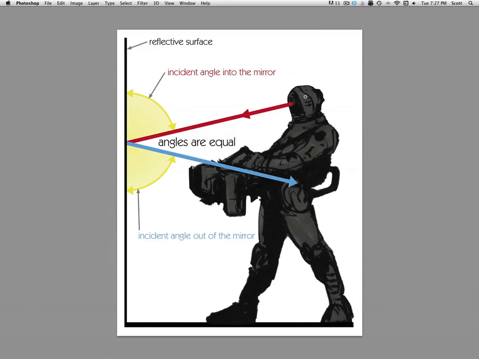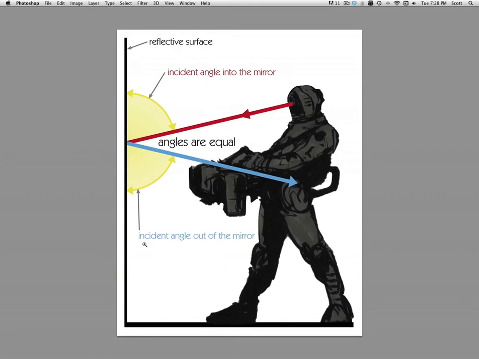And so the line of sight comes along, bounces into this reflective surface, and the angle of that line of sight entering into that reflective surface is called the incident angle. So this is a mirror, and that measured angle is the incident angle. Then what happens is that red line, as it bounces off of this shiny reflective surface, becomes the blue line, and it bounces out and points at something in our environment.